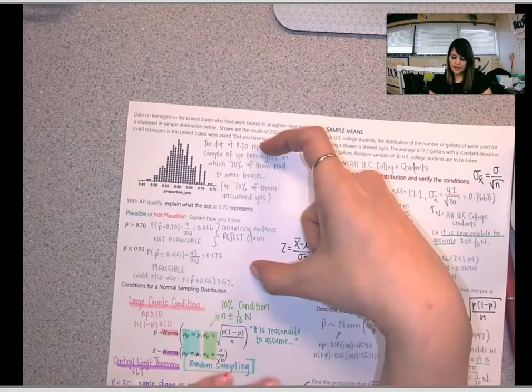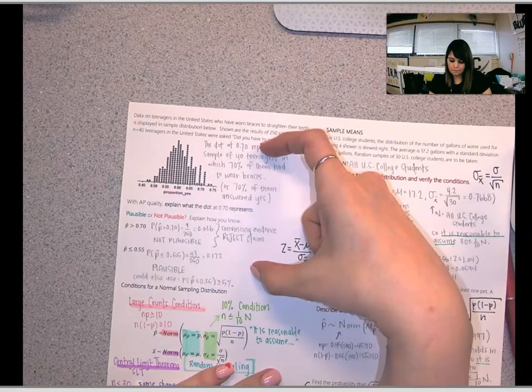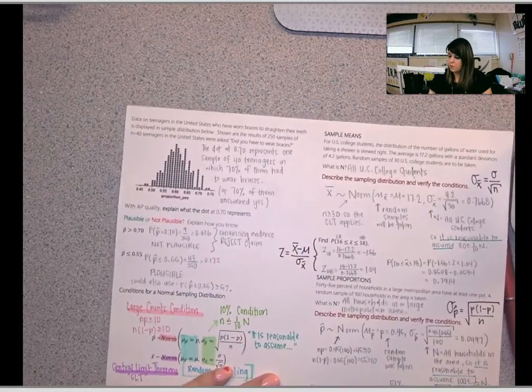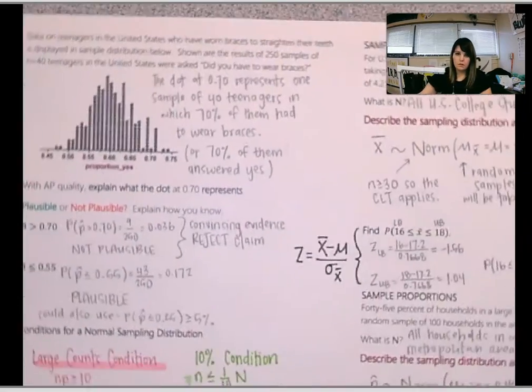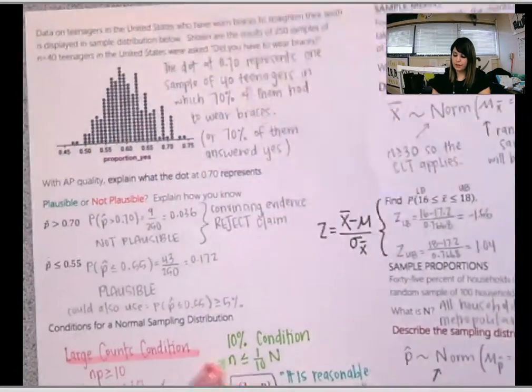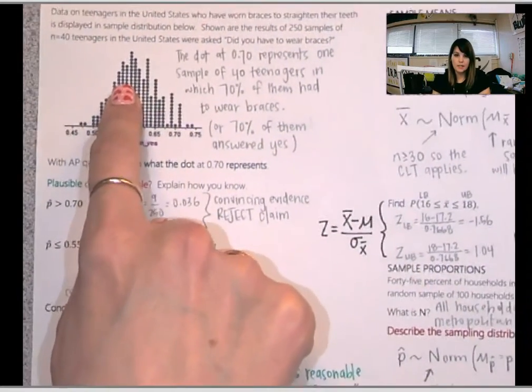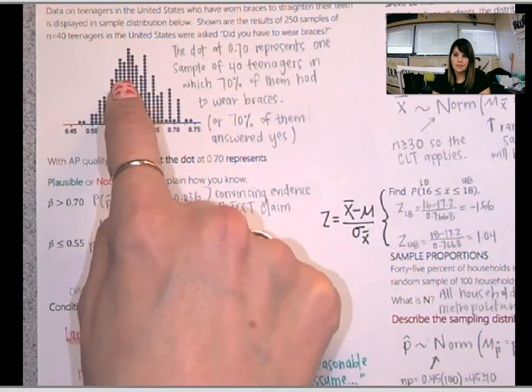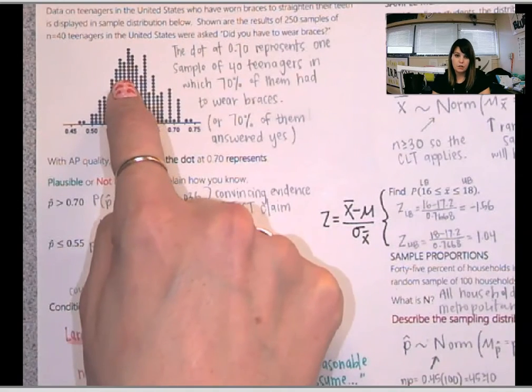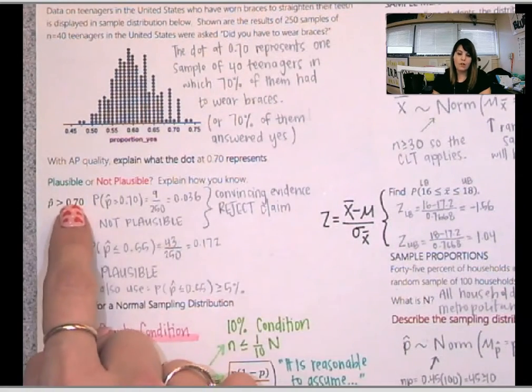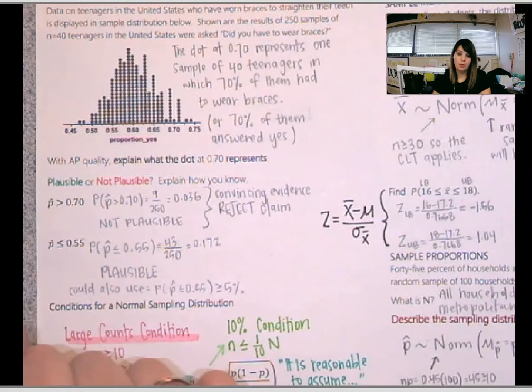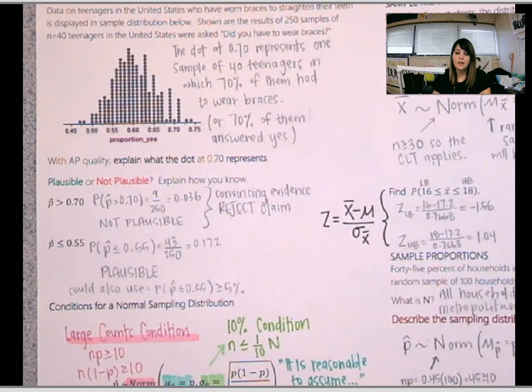This whole section is really important. Make sure that you feel good about describing what a point represents on a sampling distribution and what qualifies as plausible or not plausible. So remember, your cutoff for plausible is 5%.